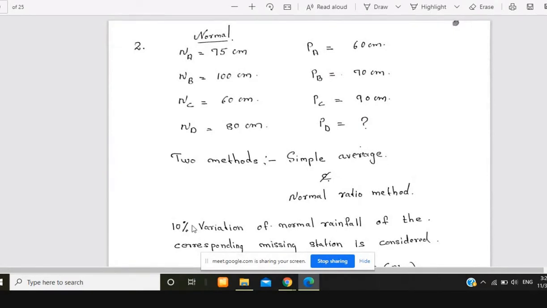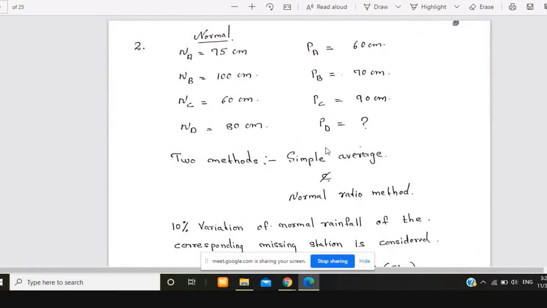For that, we have to note this: the 10% variation of the normal rainfall data of the corresponding missing station is considered.